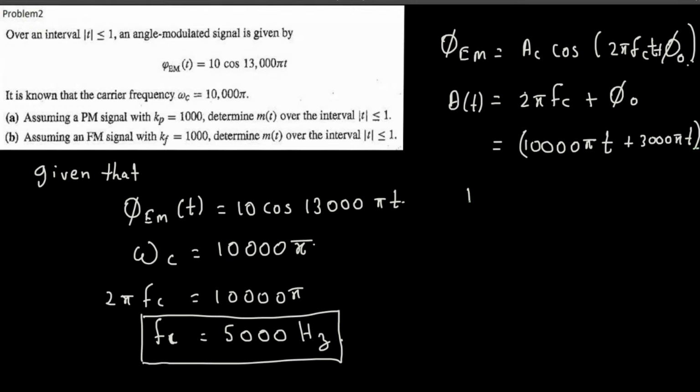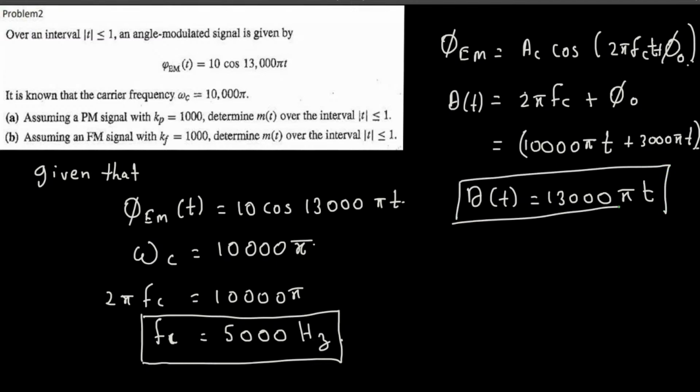So that's how we got theta of t equal to 13,000 pi t. Okay, let's note these two things down. Now we can go ahead and deal with Part A.